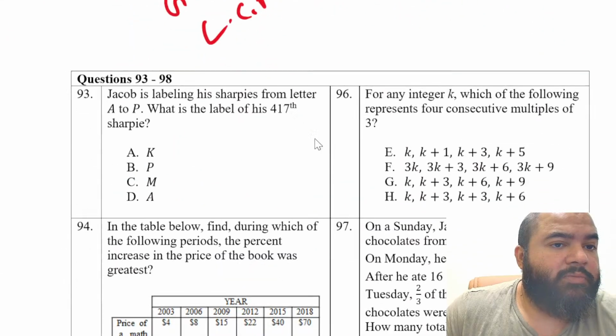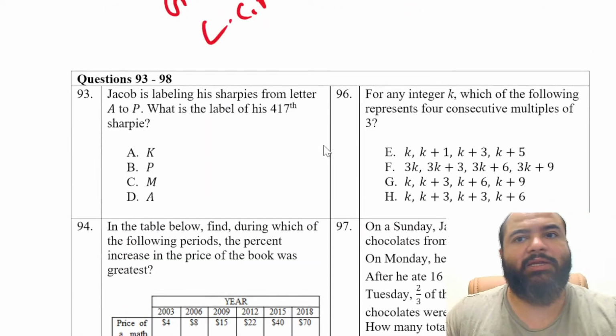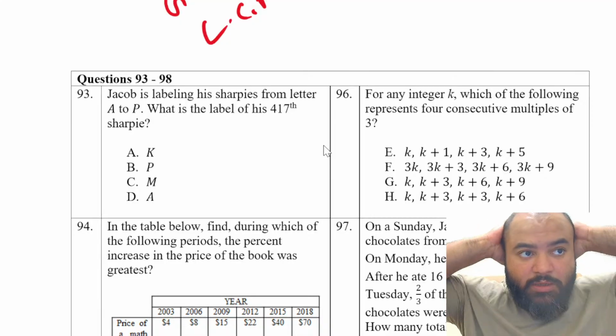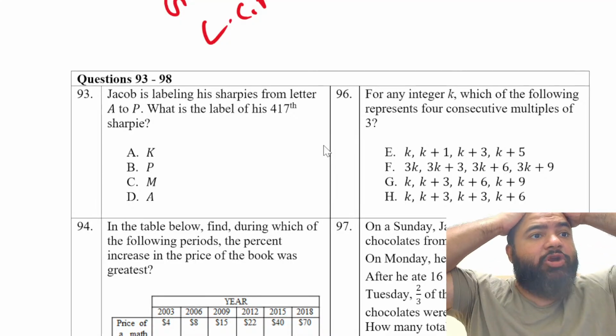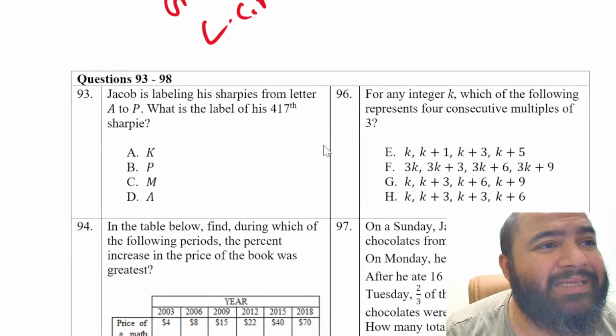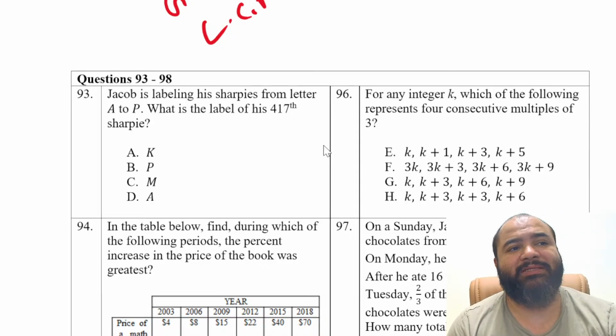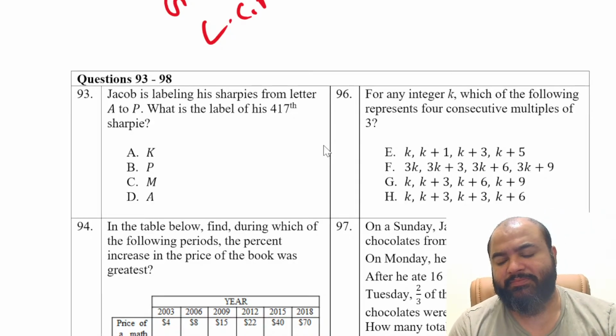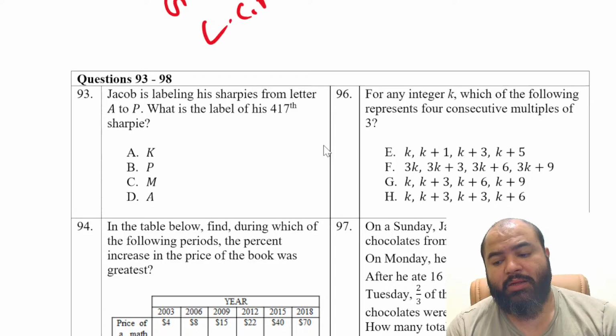Well, let's continue. 93. You guys understand 93? Jacob is labeling a Sharpie from letter A to P. What is the 417th? So A to P, how many letters is that? Okay.